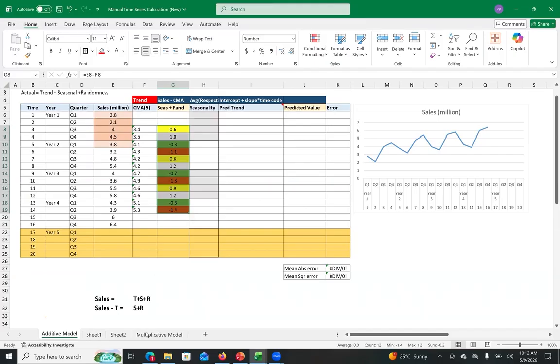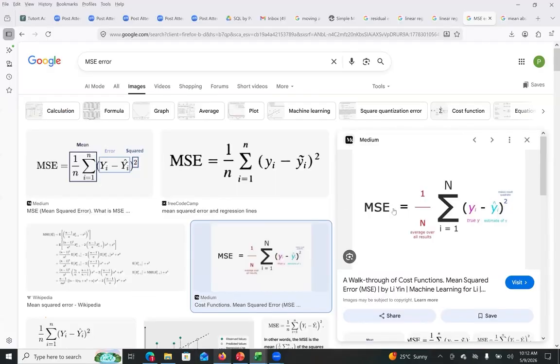Now, the best part is that when you take an average of random numbers, it will always come out to be zero. This is what we were discussing here as well.